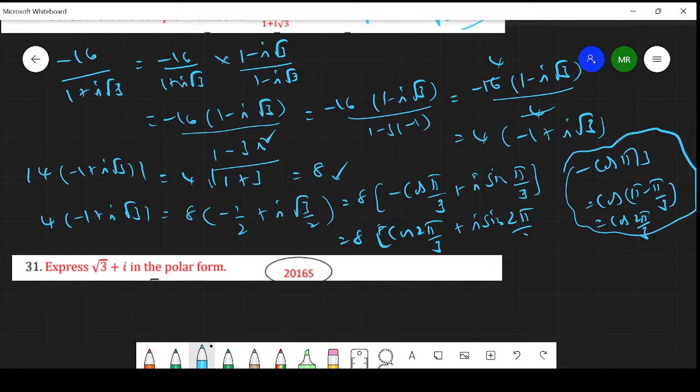So this is the polar form of the complex number. You understood, I have expressed it in the a plus ib form, then polar form. Many people may have doubts: sir, how did you get 8 here? Because the modulus is 8. I have 4, multiplied by 2 and divided by 2. So r into cos theta plus i sin theta. Now we got the polar form.